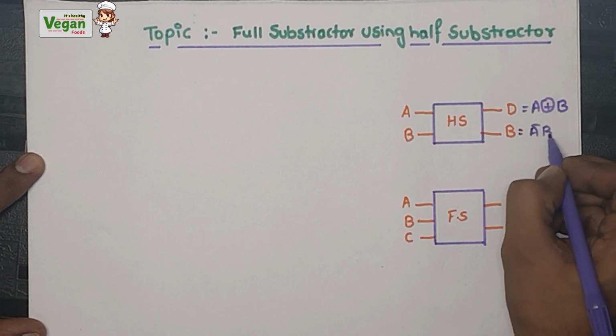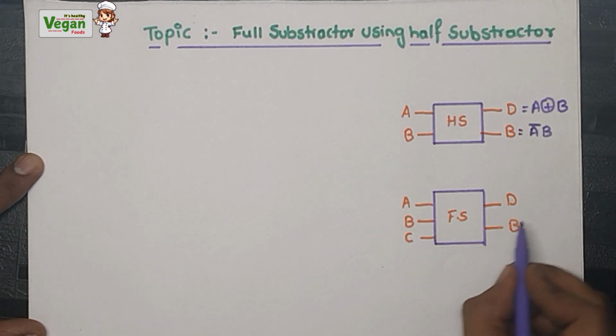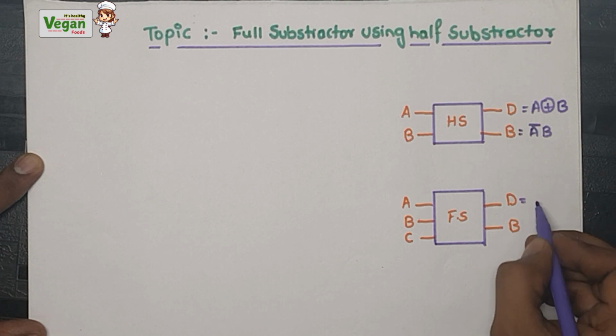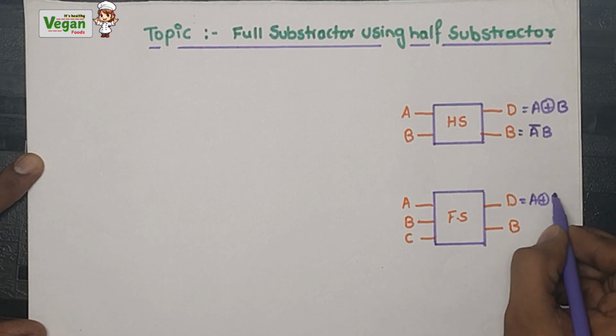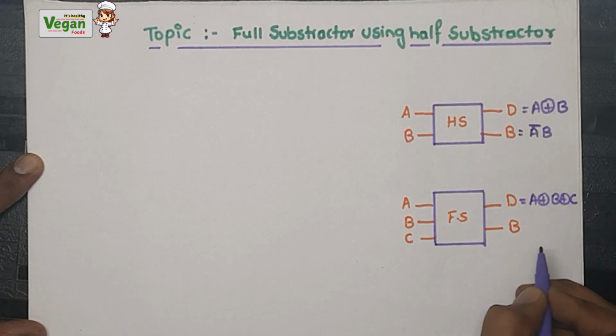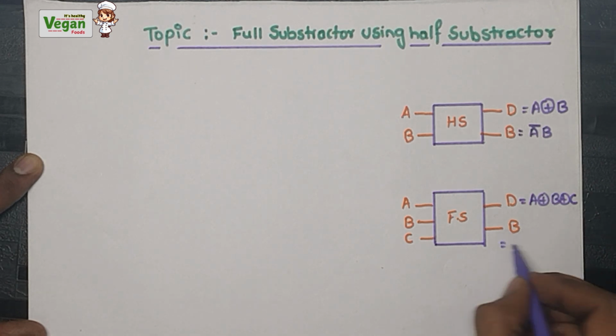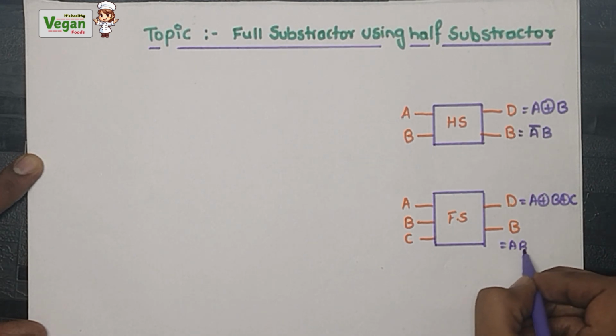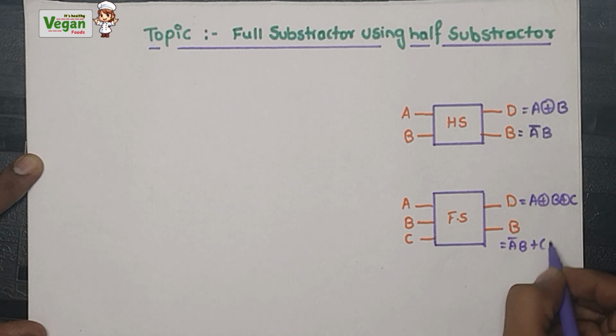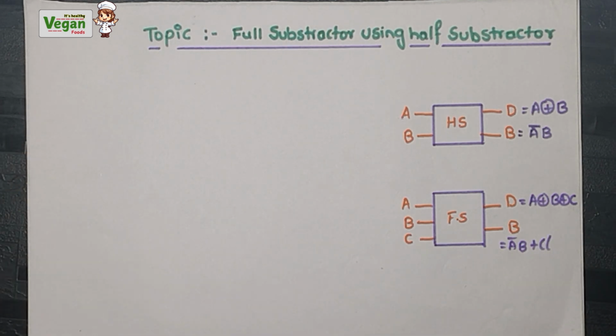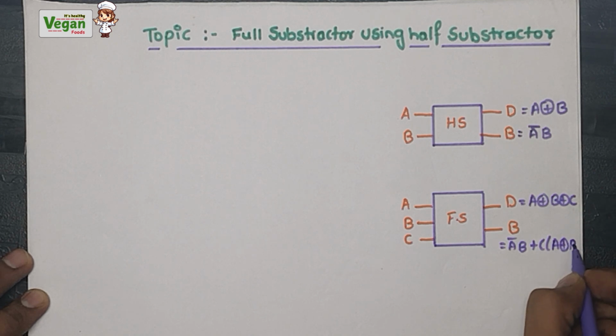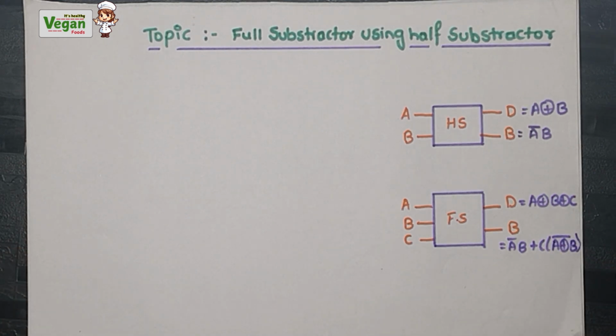A bar B. Next, for the difference of the full subtractor, A XOR B XOR C. Next, borrow: A bar B plus C into A XOR B bar, that is, an XNOR gate. We are using the XNOR gate right here.